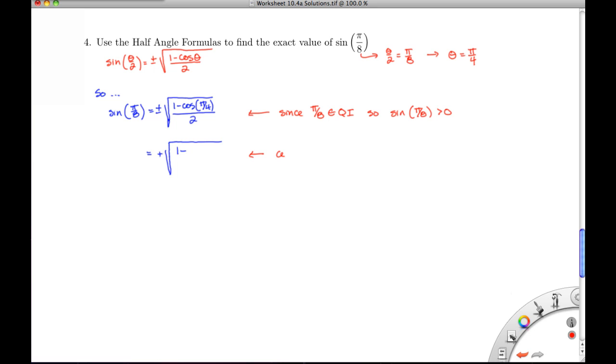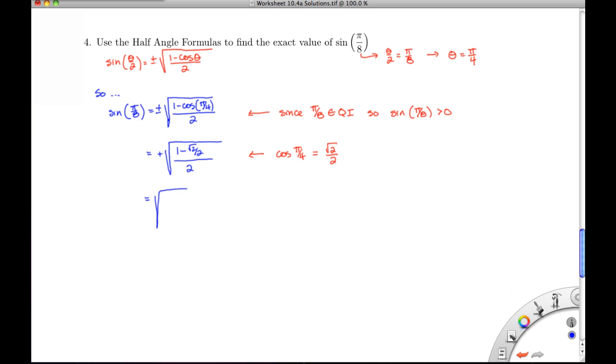The cosine of pi over 4 is going to be equal to the square root of 2 over 2. So we can go ahead and substitute that in. So 1 minus the square root of 2 over 2, and this is all over 2. Again, we've got an answer right here. This is a perfectly legitimate answer, but simplification is usually a step along the way that we have to, unfortunately, suffer through. So let's go ahead and do that, kind of like we did in number 3.